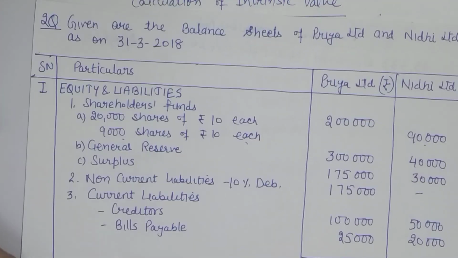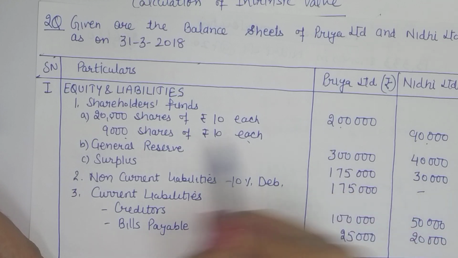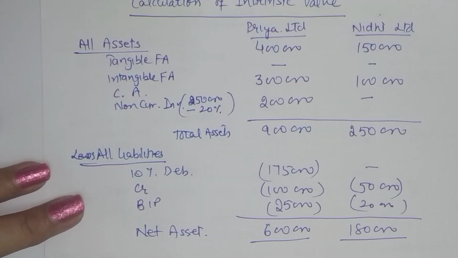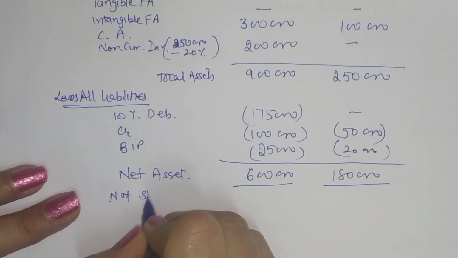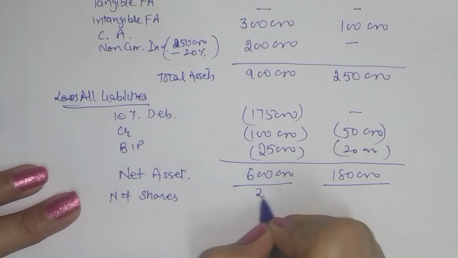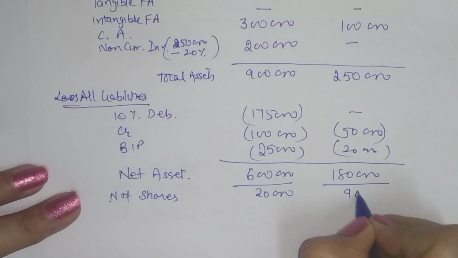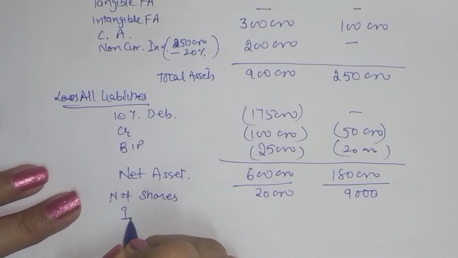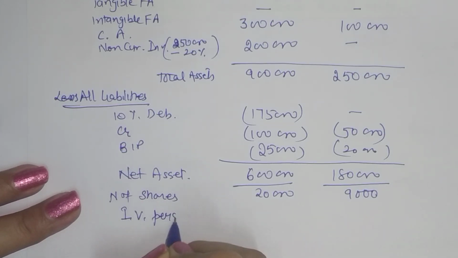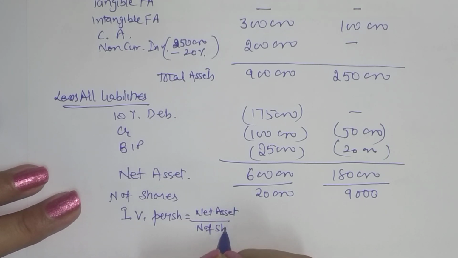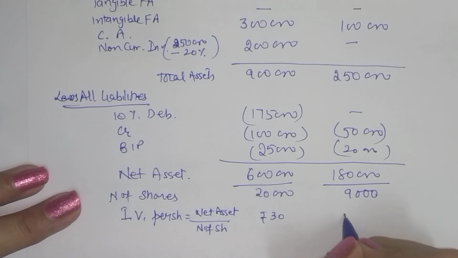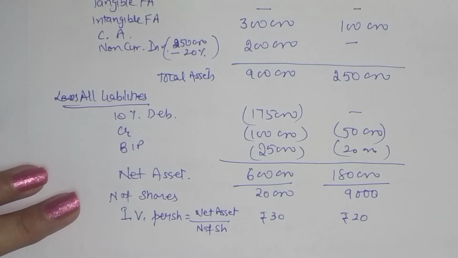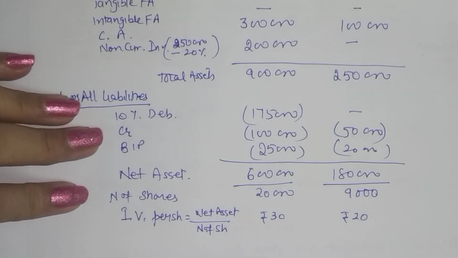So the very first case applies. The number of shares is 20,000 and 9,000. So intrinsic value per share is equal to net assets upon number of shares. It is 30 rupees and it is 20 rupees. Now the calculation of intrinsic value is done.